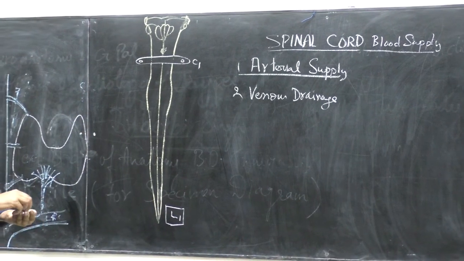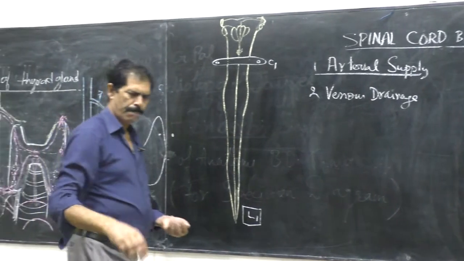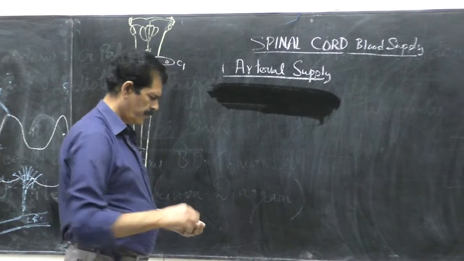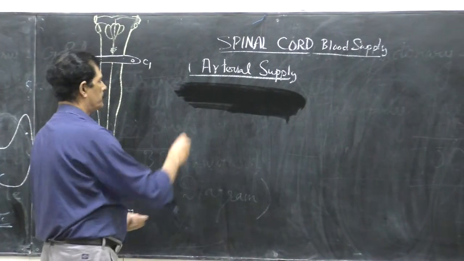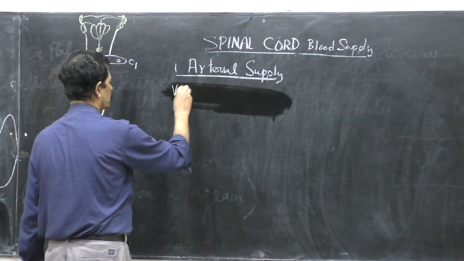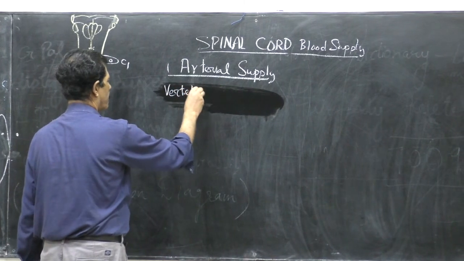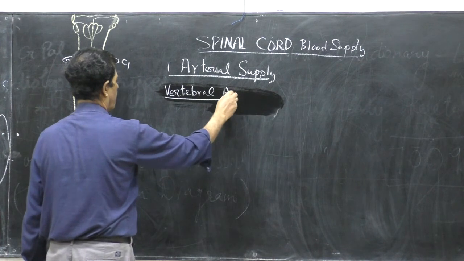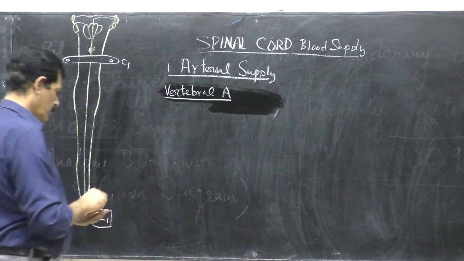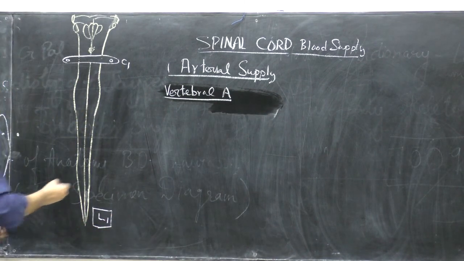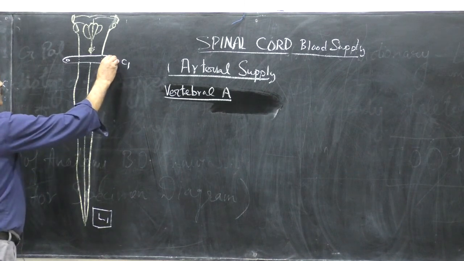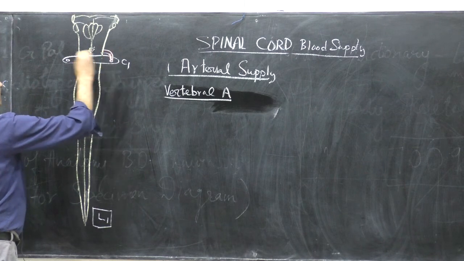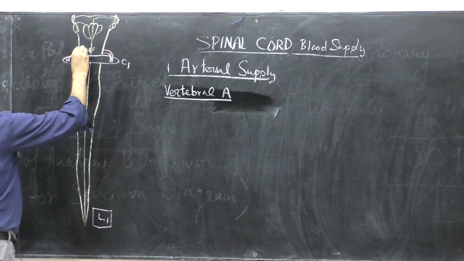So the spinal cord is mainly supplied by the vertebral arteries, which pass through the foramen transversarium of the cervical vertebra.